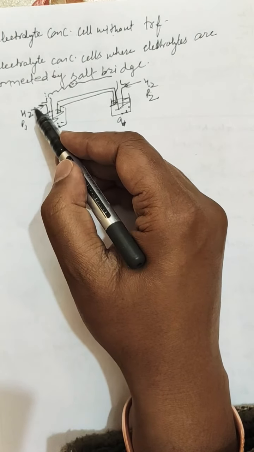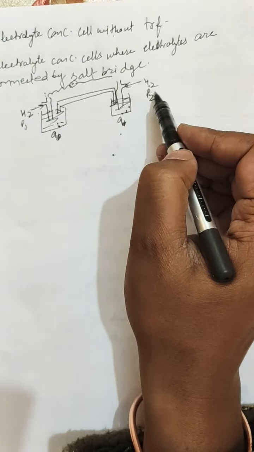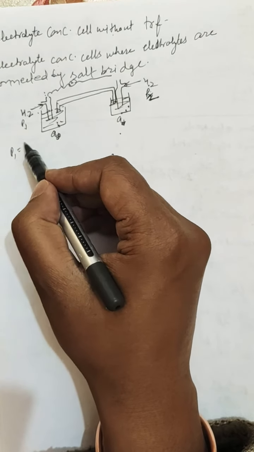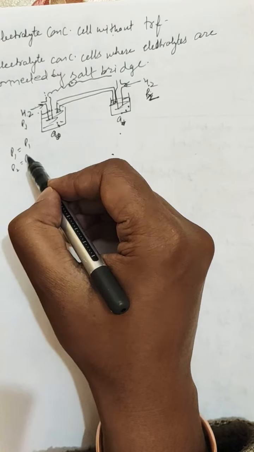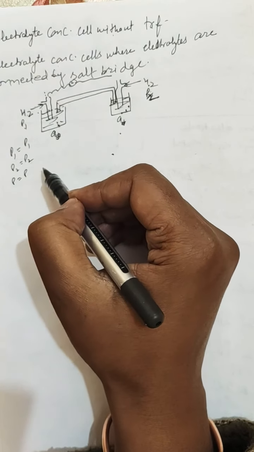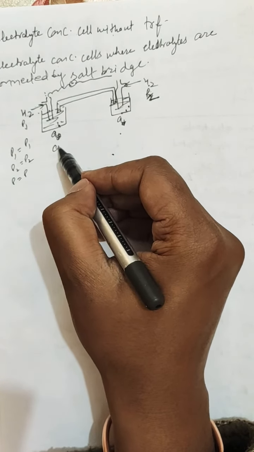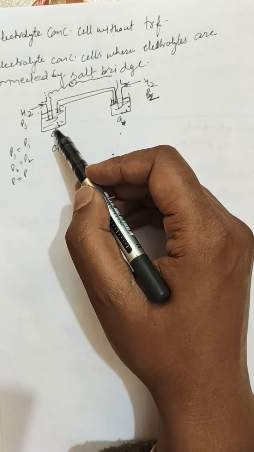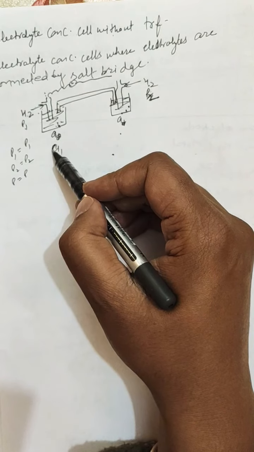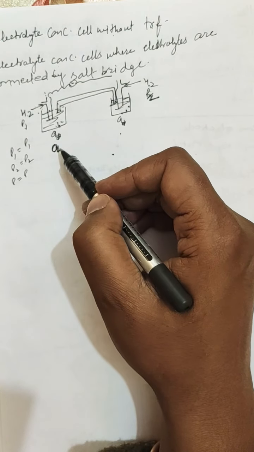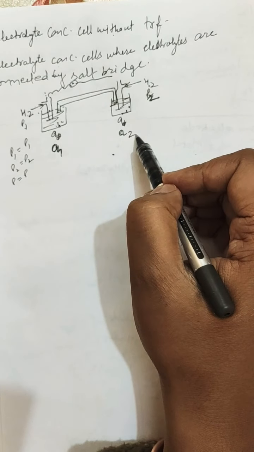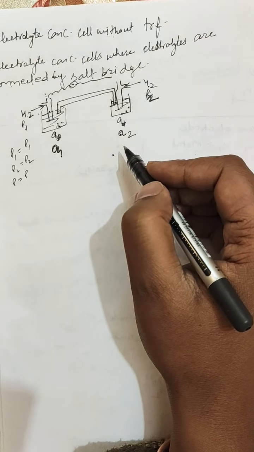It means the pressure of these gas electrodes will be the same for both the electrodes, that is P1 will be equal to P1, or P2 will be equal to P2, or we can say P will be equal to P. And there will be a difference between the activity. In one container, one half cell, the concentration of the electrolyte will be A1, and in the other half cell the concentration of the electrolyte will be A2.